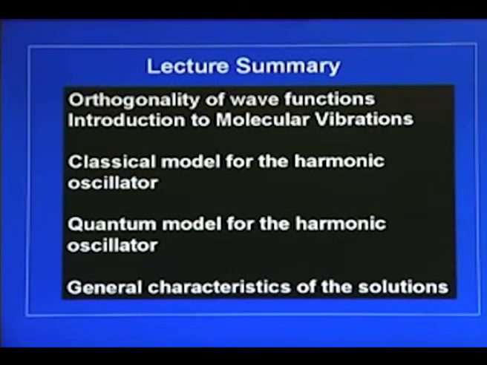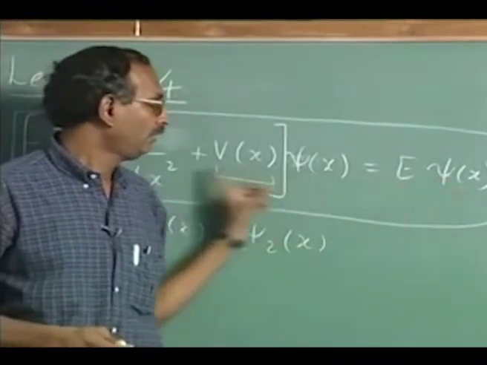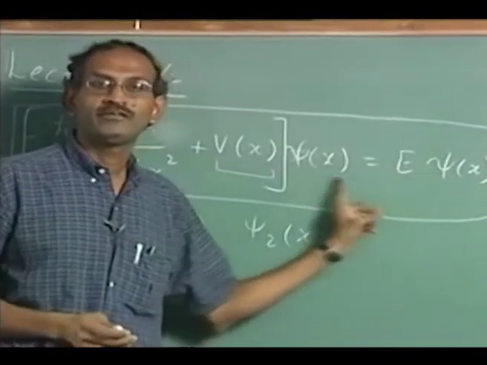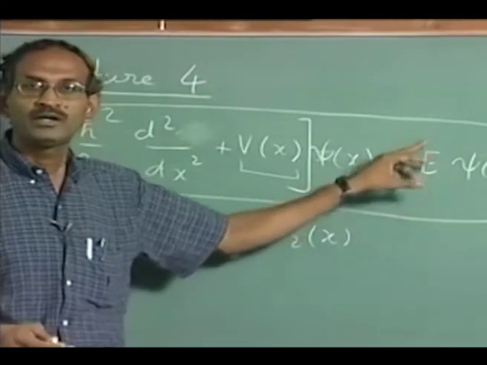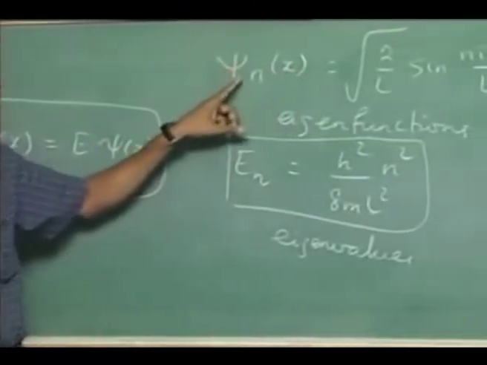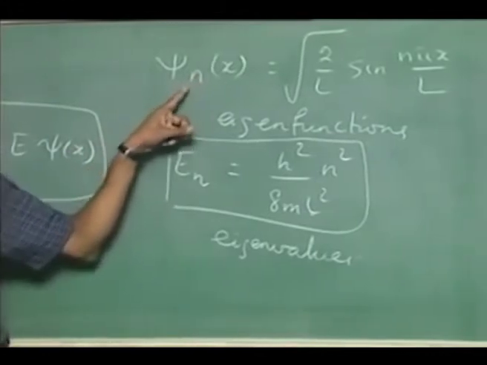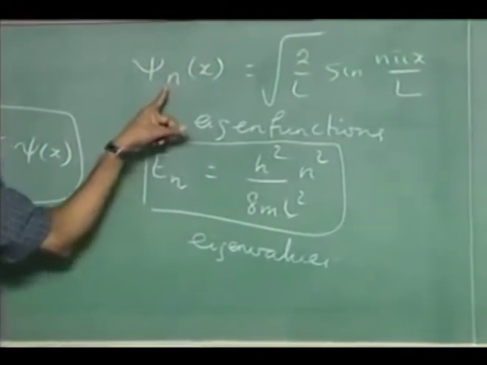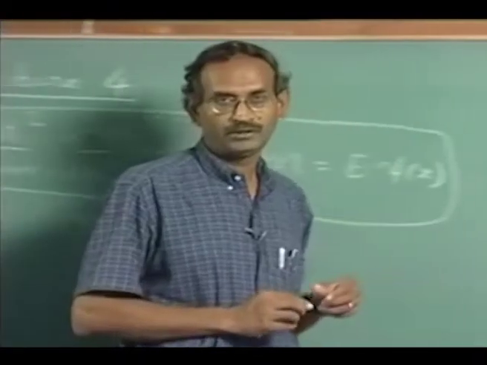Also, one important point which I did not stress in the last lecture is that the solutions that we obtain for H psi equals E psi, corresponding to different E values, for example n equal to 1 and n equal to 5, or n equal to 2 and n equal to 10, are orthogonal.